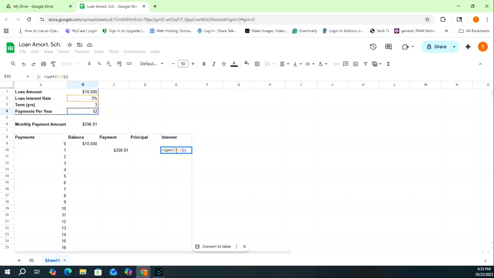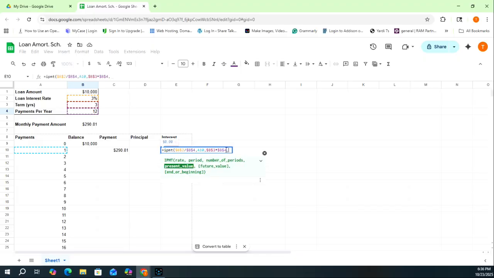I'm going to lock this, F4. I'm going to lock this, F4. The period is going to be this first payment. The number of periods is going to be the 3-year note times the number of payments per year. I'm going to lock that in place and lock this in place as well.